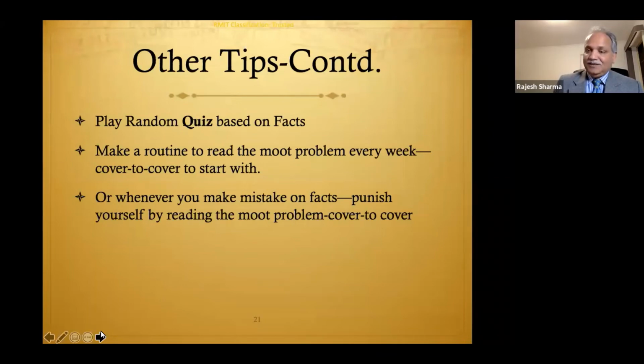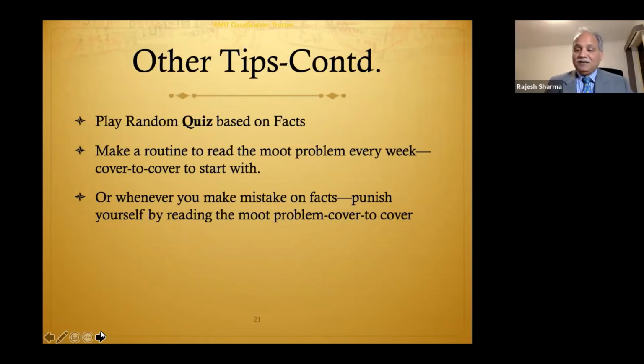I also say, when I was coaching, I told my team that whenever you make a mistake on facts, it is non-excusable. We cannot pardon that. And your punishment is, if you make a mistake on the facts, you do not remember the facts, then the punishment we give you is that you go and read the moot problem once again, cover to cover.